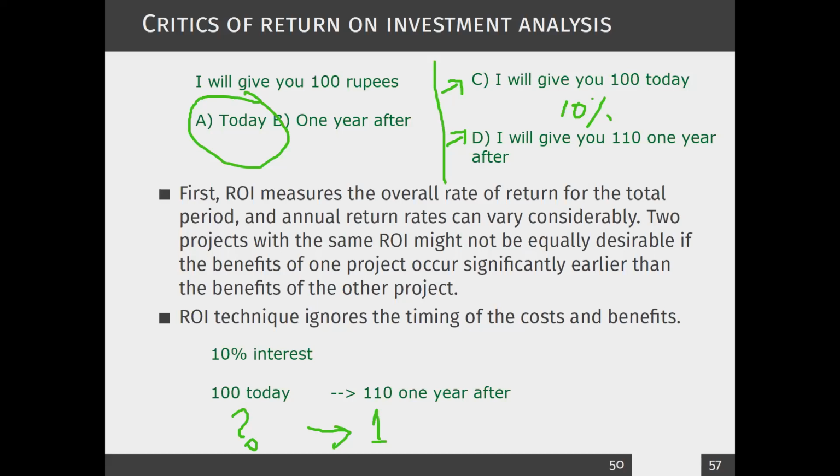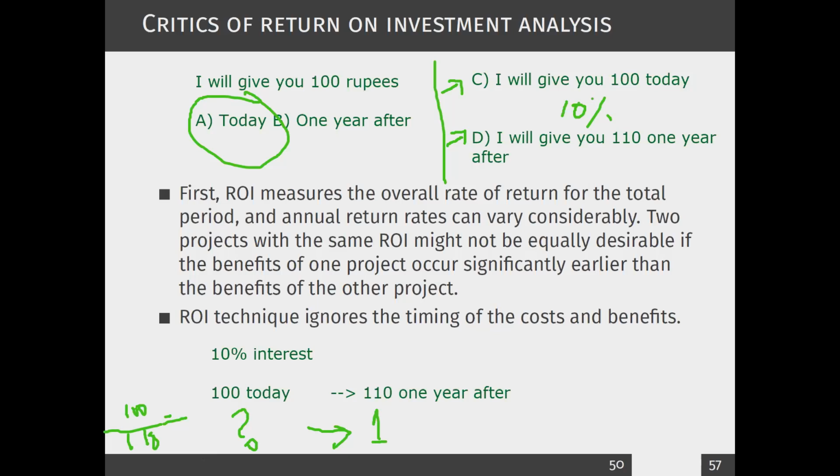So we have 100 divided by 110, isn't it? Which is how much? That will be 0.91.